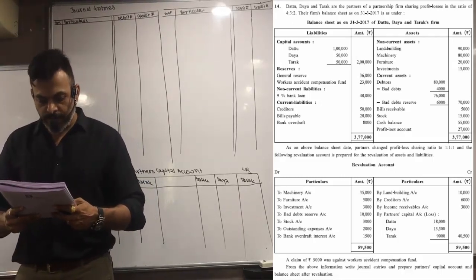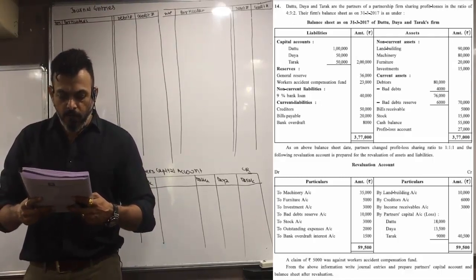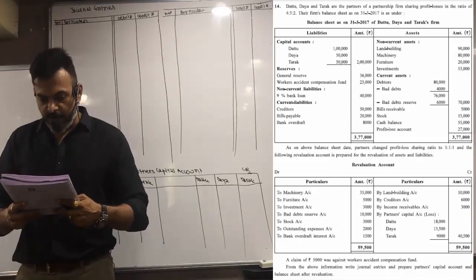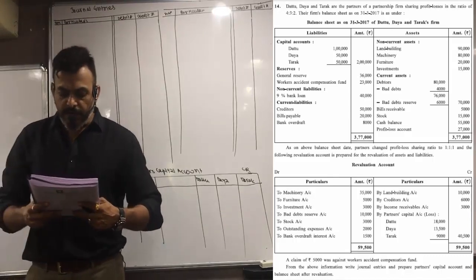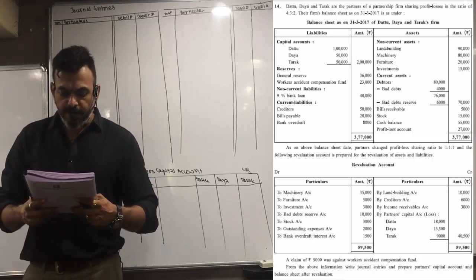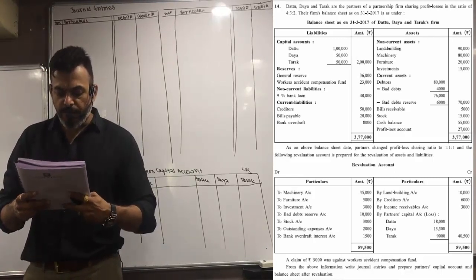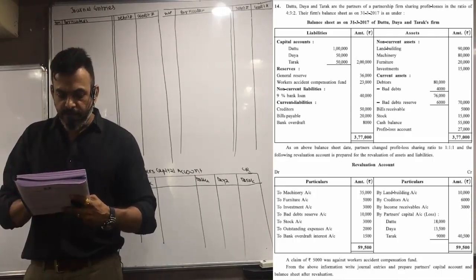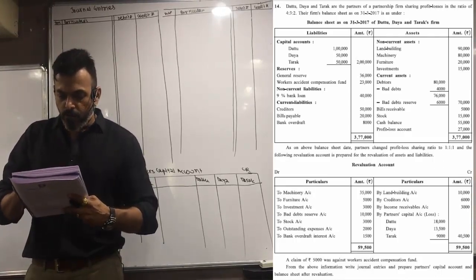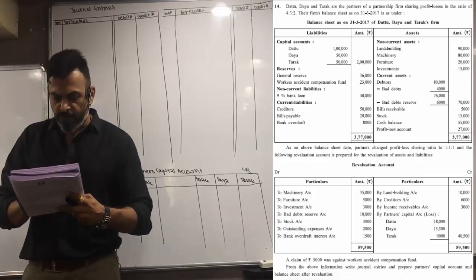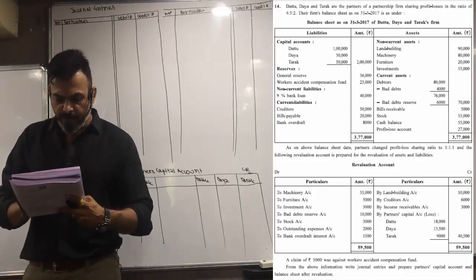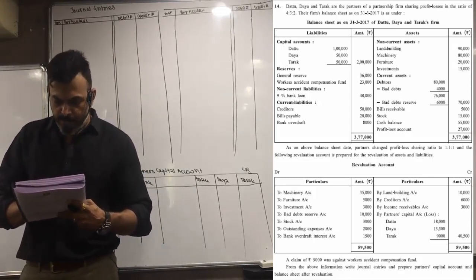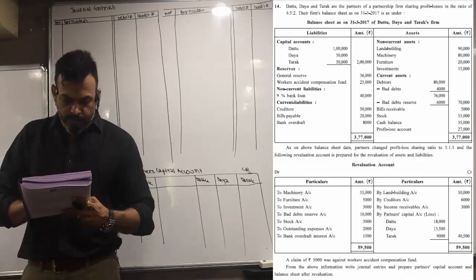As on the above balance sheet date, partners change profit and loss sharing ratio to 1:1:1 and the following revaluation account is prepared for revaluation of assets and liabilities. Machinery 35,000, tick machinery above. Furniture 5,000, tick furniture. Investment, debtors, stock.